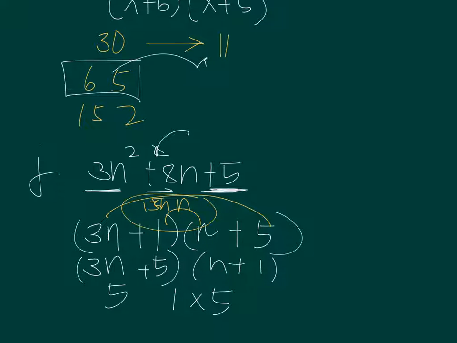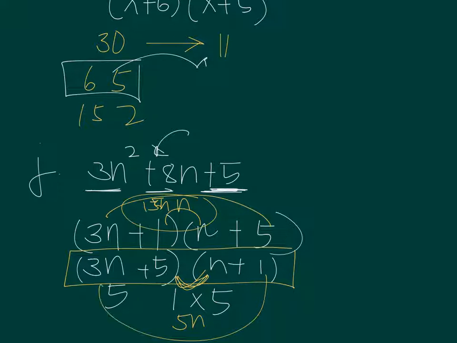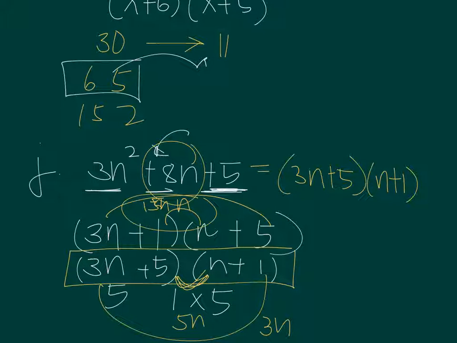So that means most likely it's the second option, and we could also check that. So this is 5n and this is 3n. The sum of 5n and 3n equals 8n. So the factored form of 3n squared plus 8n plus 5 is simply 3n plus 5 times n plus 1. Okay, so there you go.